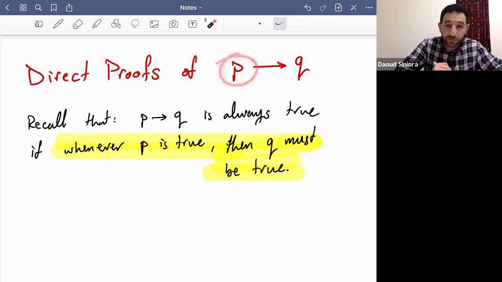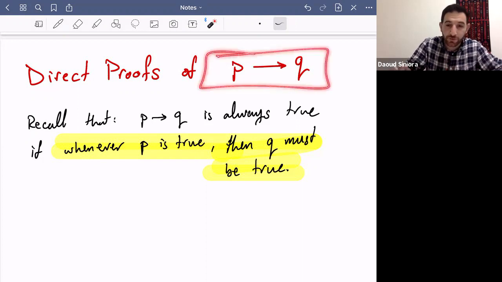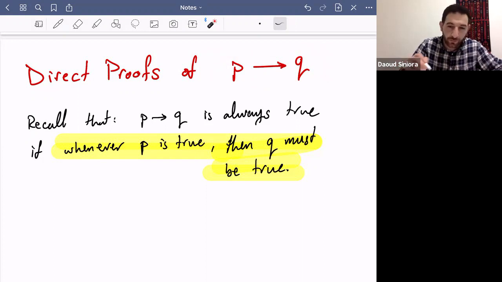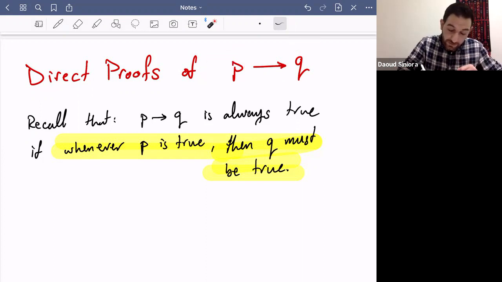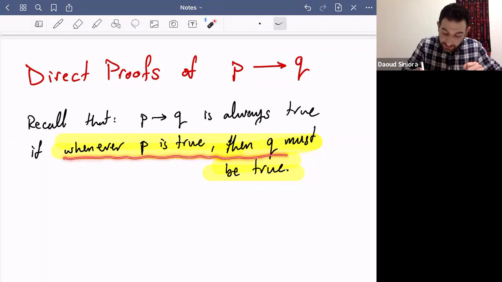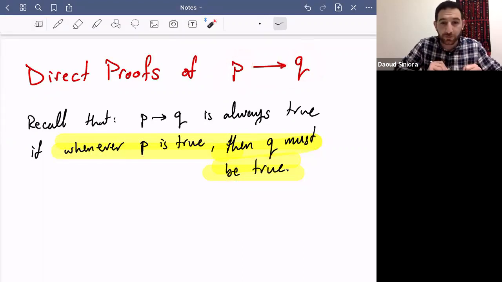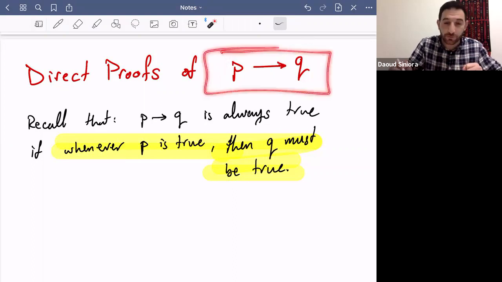If it were false, then the whole thing is true, so we don't need to worry, because when we defined the truth table of a conditional statement, it was true when the hypothesis is false. It remains to see what happens when P is true. But we showed that when P is true, Q must be true. So true implies true is true.